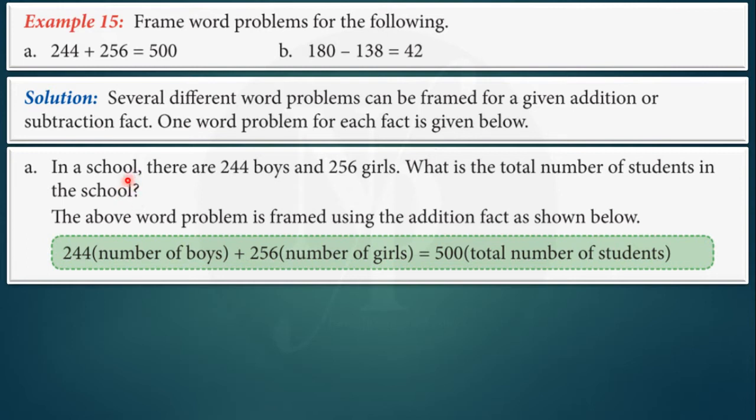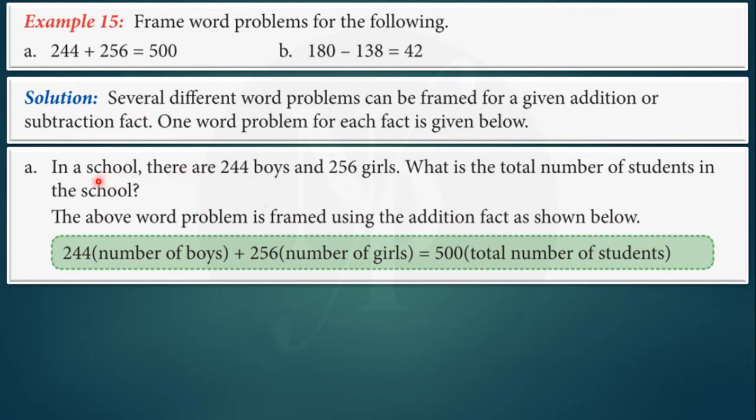So this is a word problem framed to get this addition fact as the answer. So look at this question here. We have 244. So an example is chosen such a way that these given numbers can be used suitably.